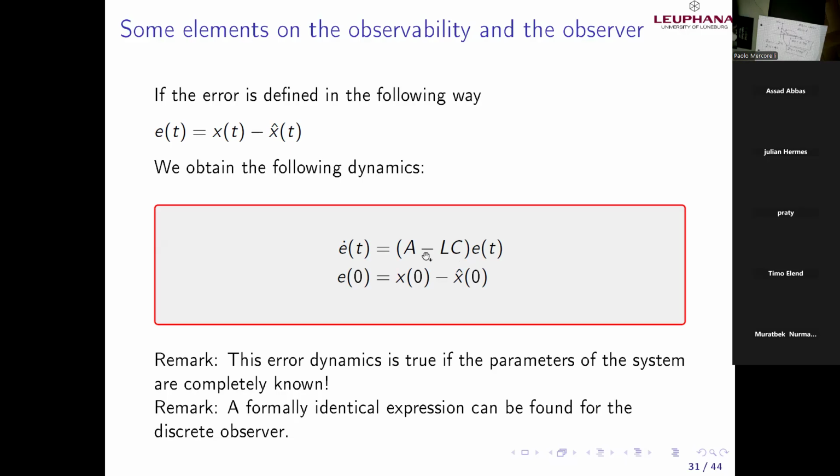What is the meaning of much faster? We will see now with MATLAB. Much faster means the absolute value of the eigenvalues of A minus LC is much larger, again because the eigenvalues must be negative. I don't know if you remember, because otherwise the system, in this case the observer, is not stable.